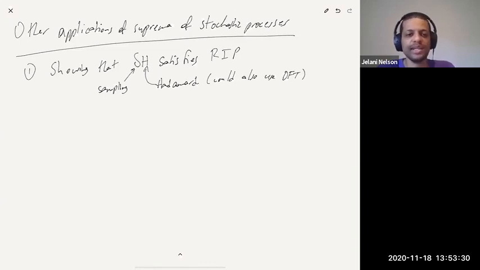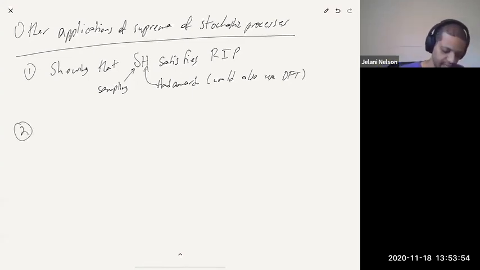And then you can use Dudley's inequality. And that's exactly what Rudelson and Vershynin do to show it. There were some sharpenings of the log factors after them. But the basic idea that this can be reduced to bounding the supremum of a Gaussian process was due to them, in Rudelson and Vershynin in 2008.